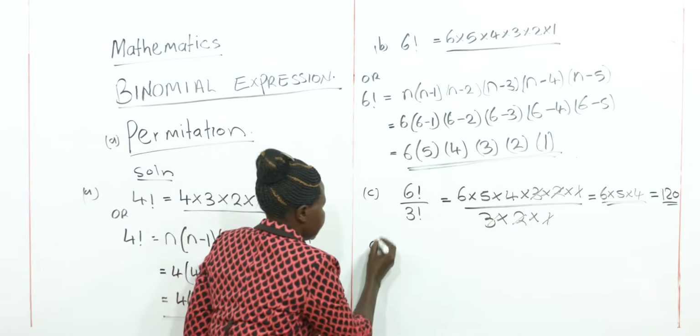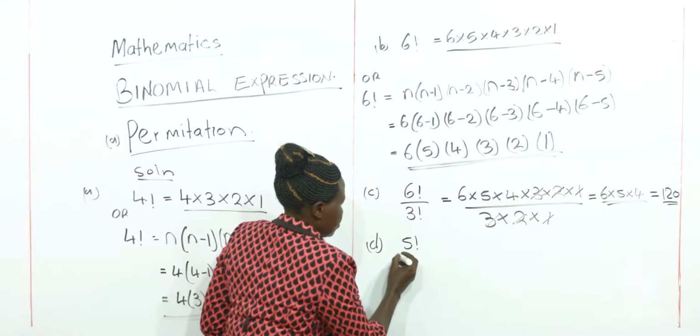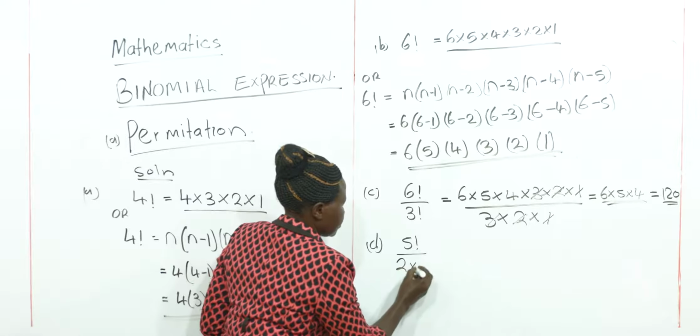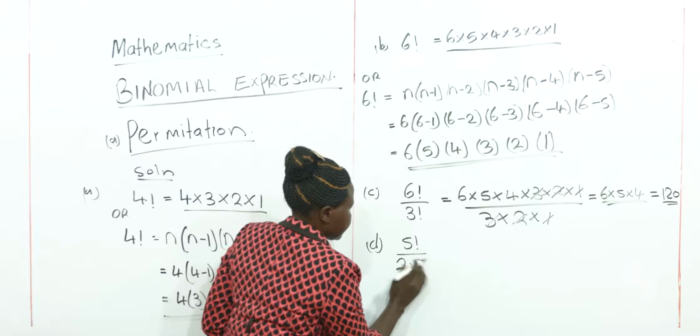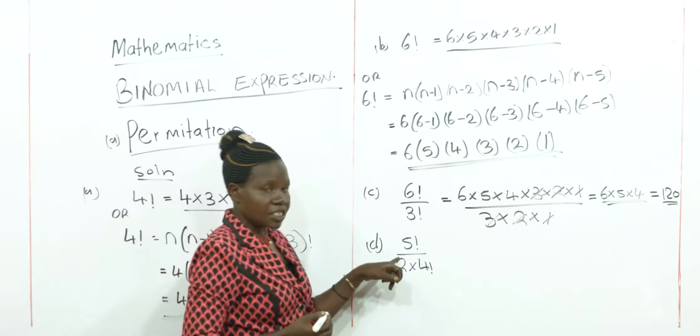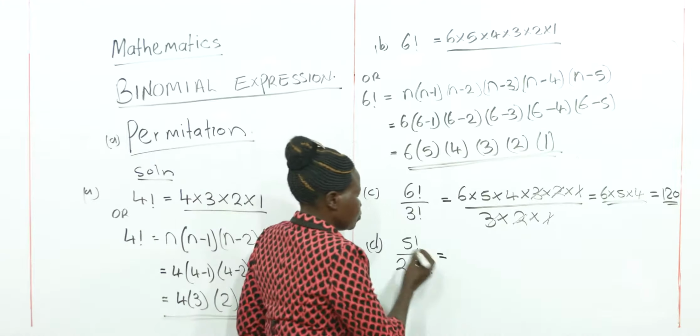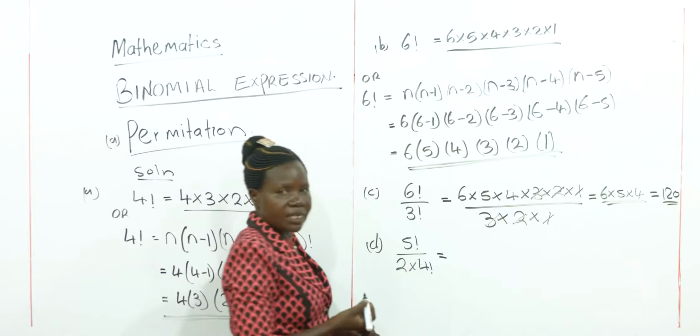Then number D was 5 factorial divided by 2 times 4 factorial. So learners, look at this part. Here we are going to do what? We are going to expand the numerator because it contains a factorial.